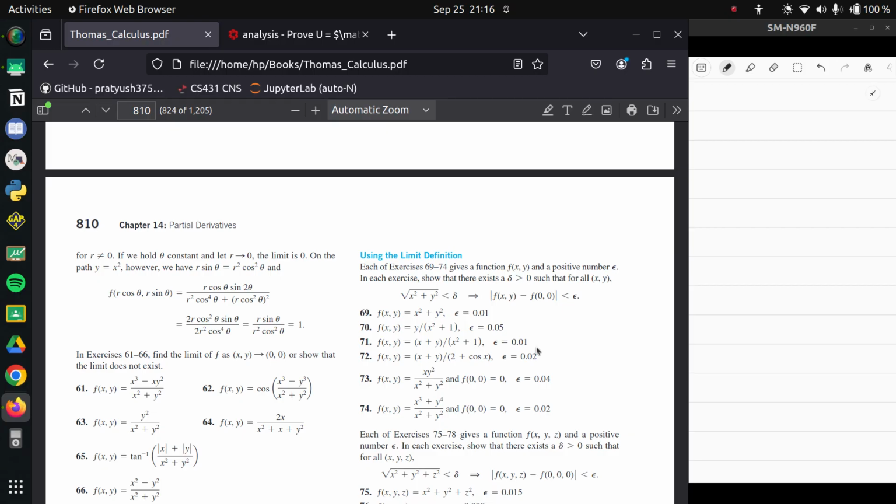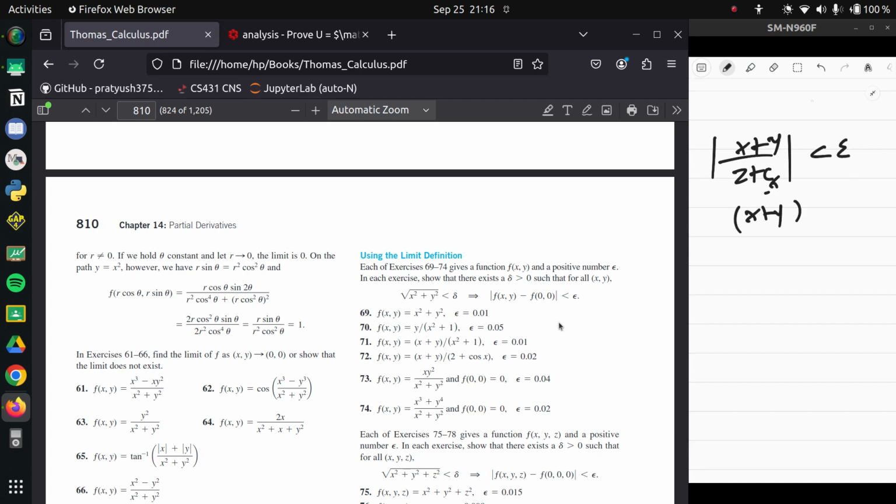So at 0, 0, what happens? This goes to 0. So what you want is the absolute value of x plus y upon 2 plus cosine of x to be less than epsilon. So x plus y should be less than 2 times this.